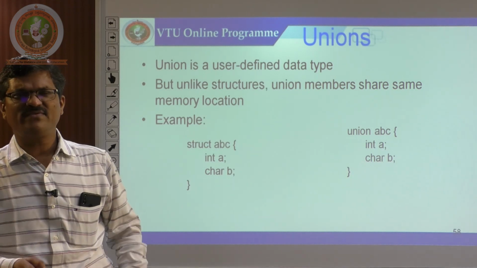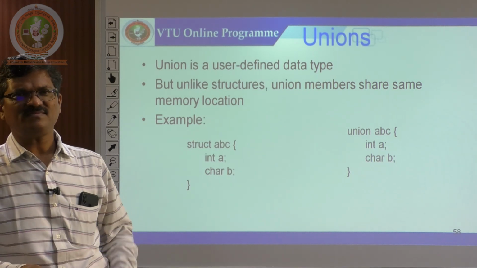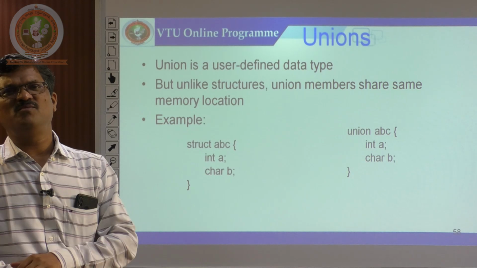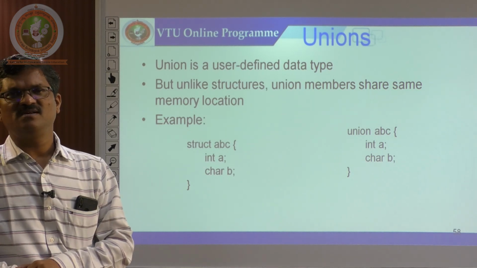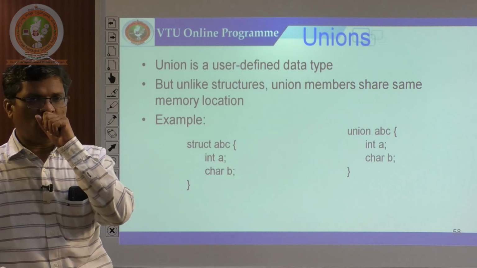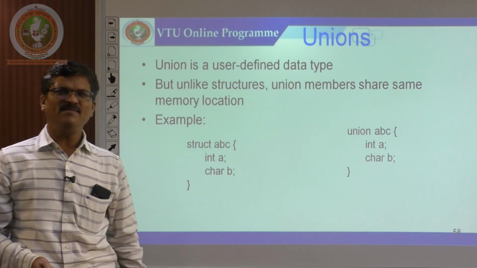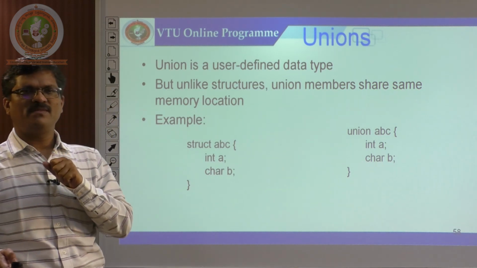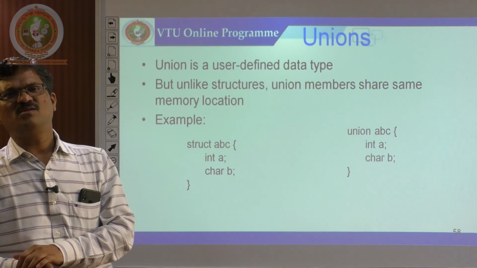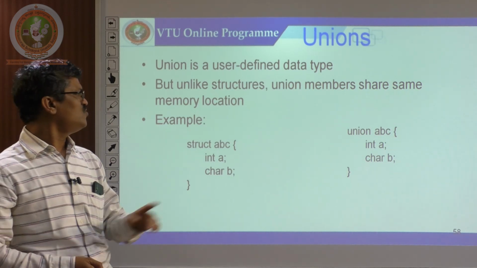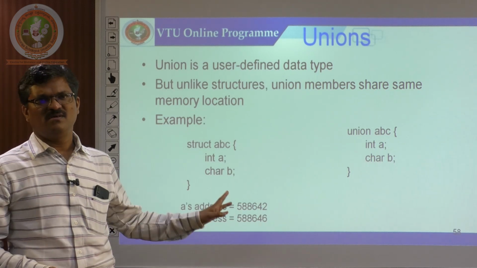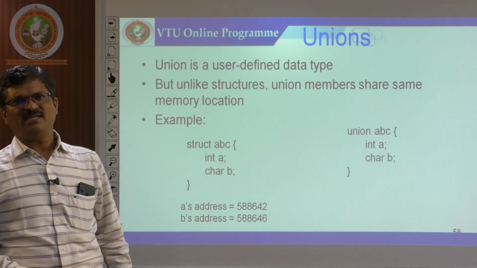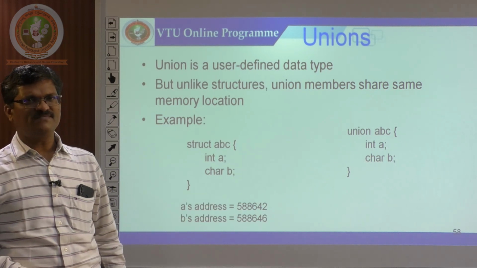Having this definition, I would like to know about the memory allocation for the structure members as well as the union members. If I would like to know the address of members A and B, this might be the value that I get on a particular execution.